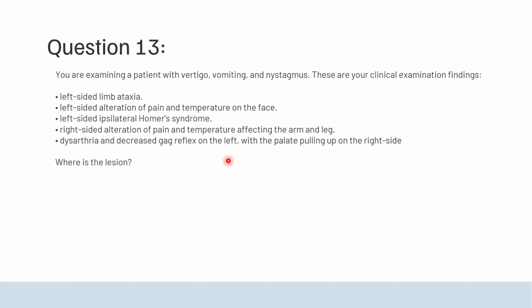And this is my favorite one. So you guys should have gotten this one right. Okay. Are we good? Do you want me to repeat it again? So this is the textbook presentation for left lateral medullary syndrome.